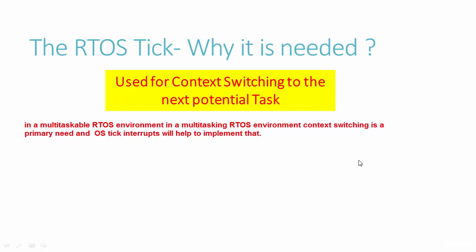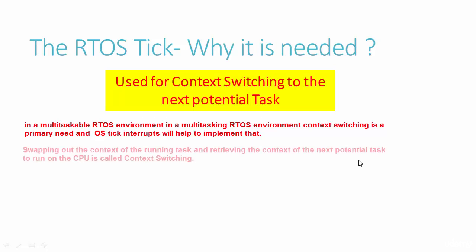The RTOS tick interrupt is very essential to implement the multitasking environment, where context switching is one of the important tasks which must be implemented. So what is context switching? Context switching means removing a running task and replacing that task with the next potential task. That we call context switching.